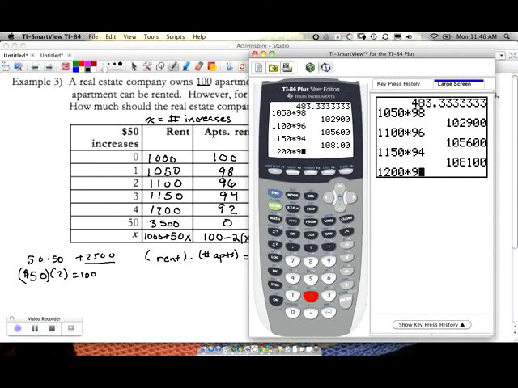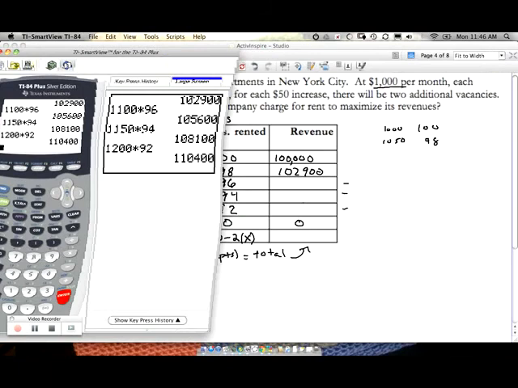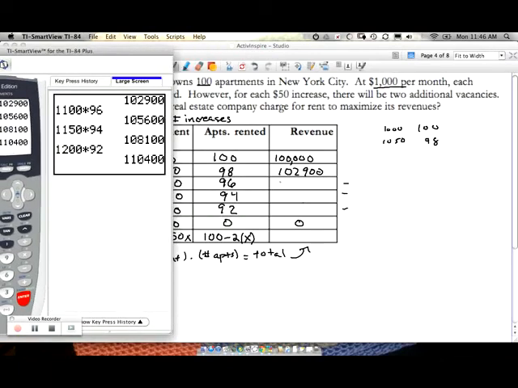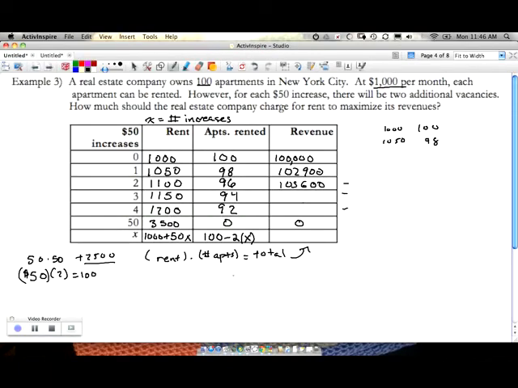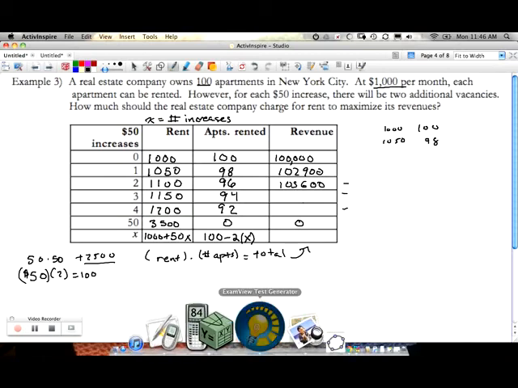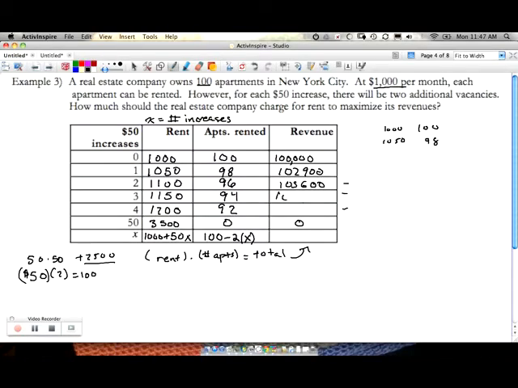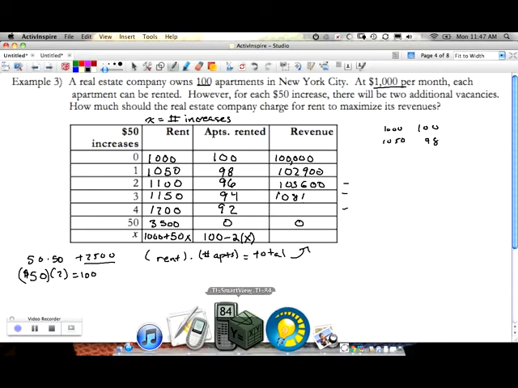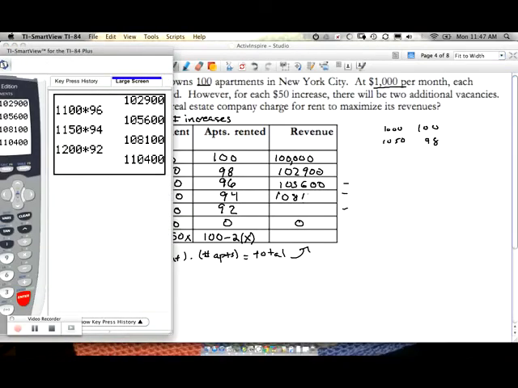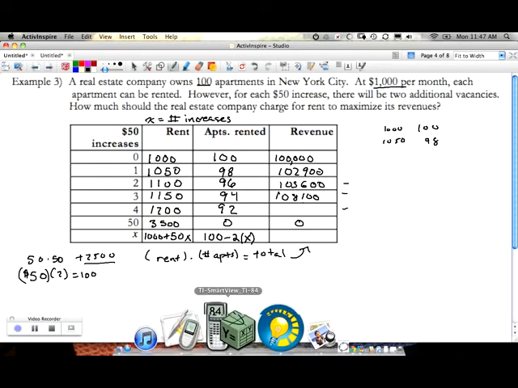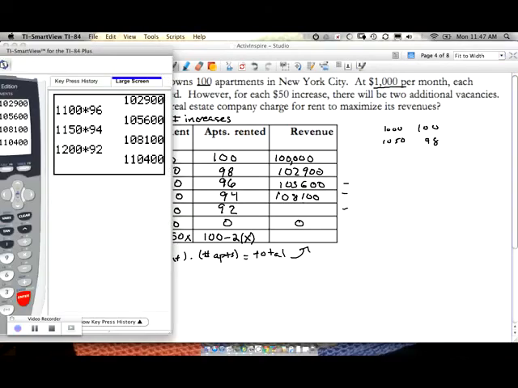We're still going up. Yeah, we are going up, not super fast, but we are going up. So we have 105,600, and then we have 108,100, and then 110,400.